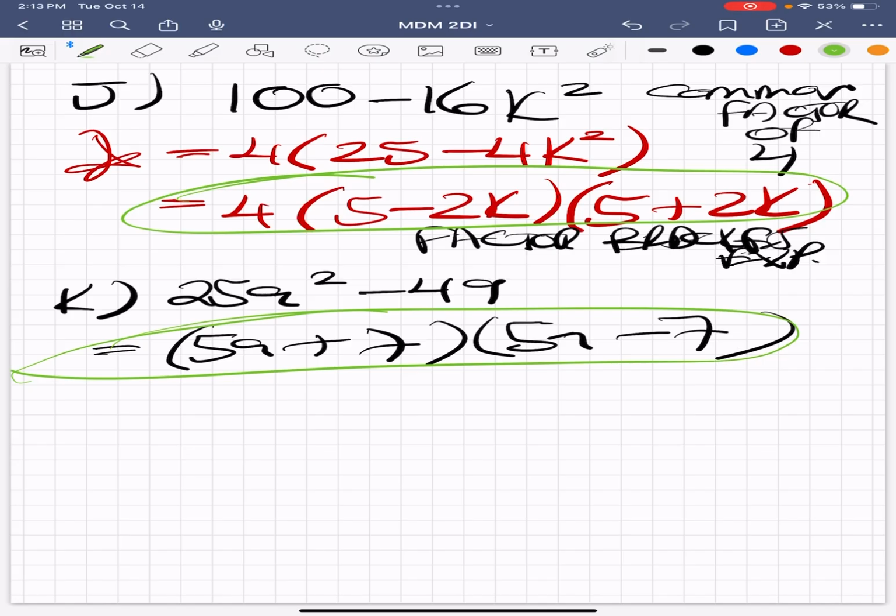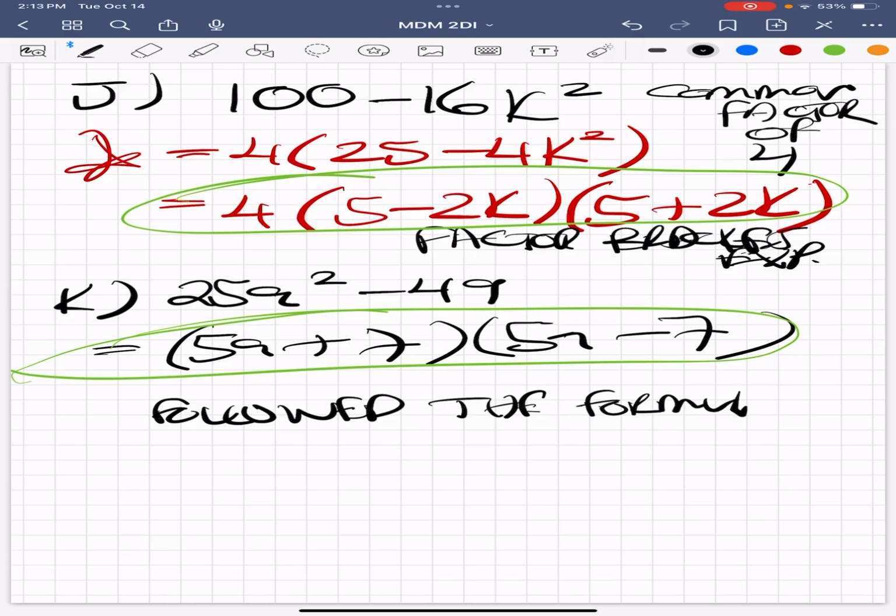So basically, we followed the formula. We watched out for common factors.